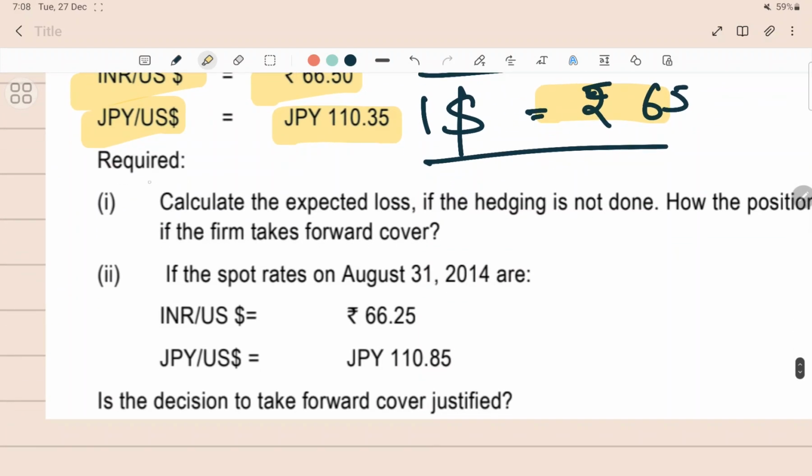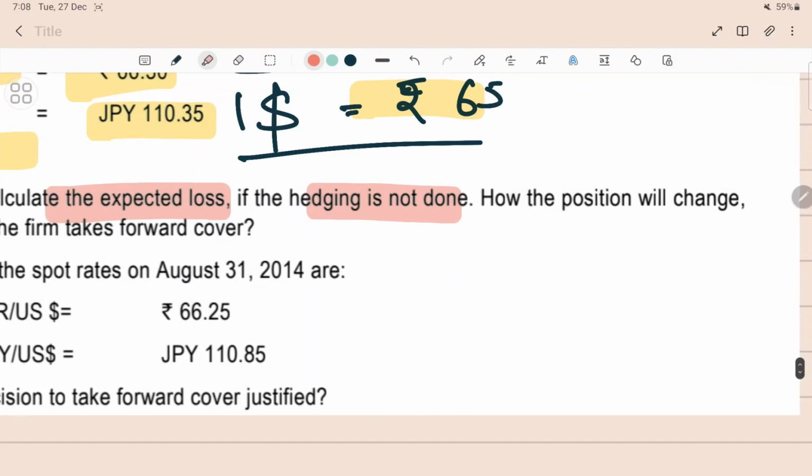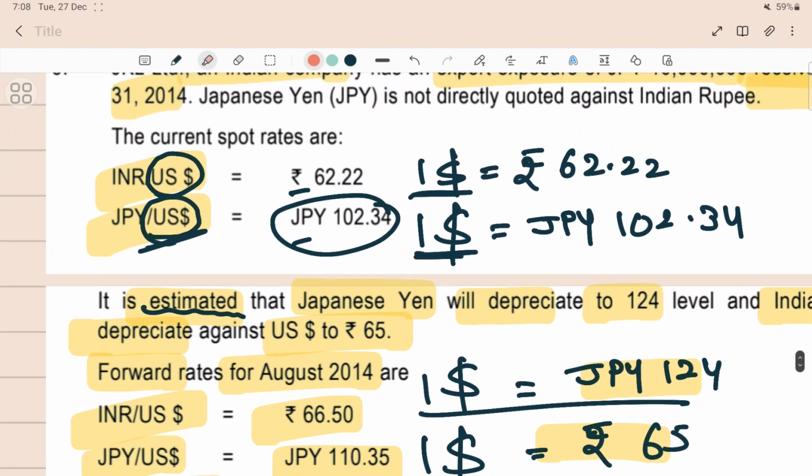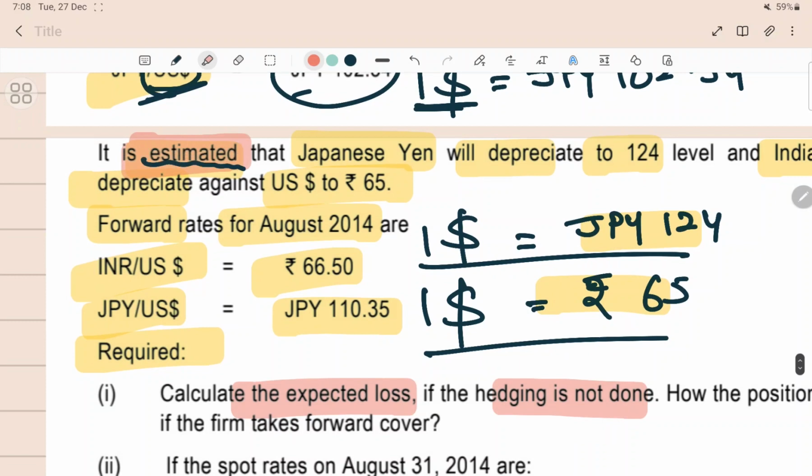Okay, what is required of you? Calculate the expected loss if hedging is not done, that is if we do not enter into a forward contract. So then what exactly will be the profit or loss? It will be the difference between your spot and the estimated rates, because you are not taking the forward cover.